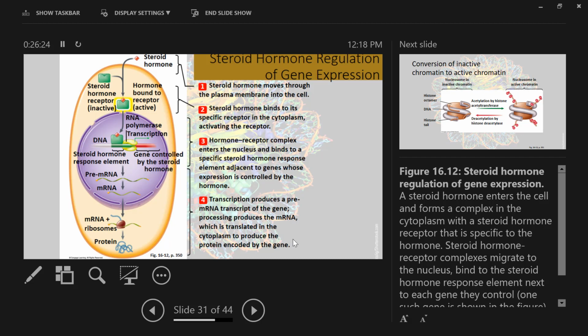And so it's still, we've got the 3 steps of the response to a signal. And what are those 3 steps? Step 1, you bind the signal. Step 2, you translate the signal. And step 3, you respond to the signal.